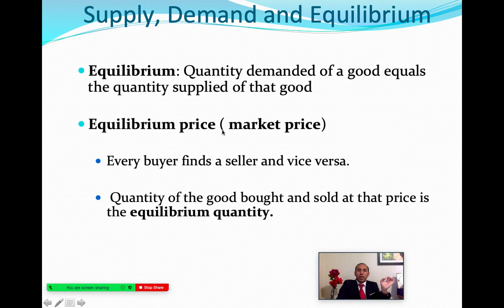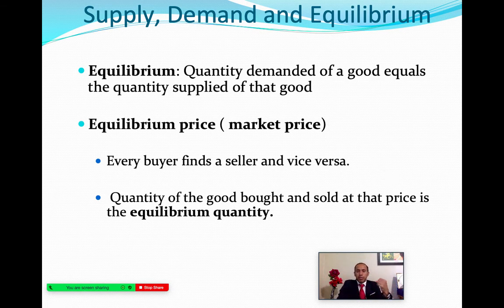And that is a market clearing price, meaning that every buyer, consumer finds a seller willing to sell a good, and vice versa. Every seller finds a consumer willing to buy their good. And they agree on a specific quantity of that good, as mentioned in the previous slide, that can be bought and sold, and we have an equilibrium quantity. The market clears.